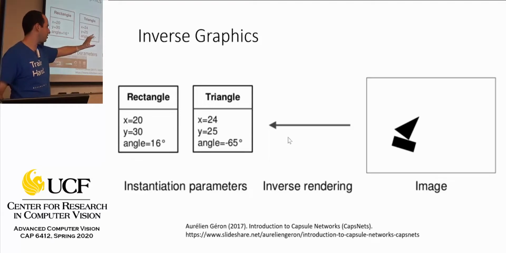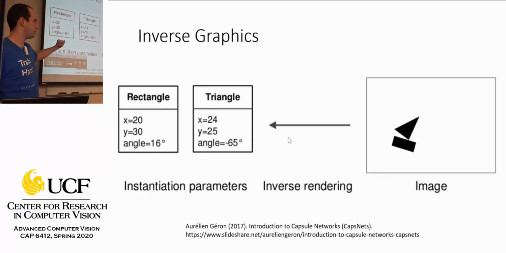We have an image, and we call some sort of inverse rendering function to get our parameters back. So in an ideal system, we would be able to take that image and get back: we have a rectangle at this position and this angle, and a triangle here with this angle. What capsules try to do is model these different objects and their instantiation parameters using groups of neurons.